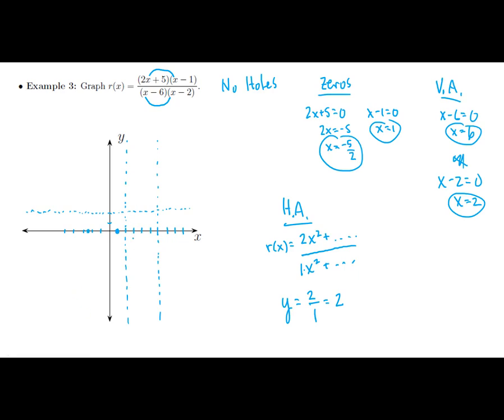All right, so now we've got to make some sense out of this. Let's go ahead and find our y-intercept. That always seems to help us. So my y-intercept is when I have x equal to 0. And so if I plug zeros in for all those x's, I end up with 5 times negative 1 divided by negative 6 times negative 2, which simplifies to negative 5/12.